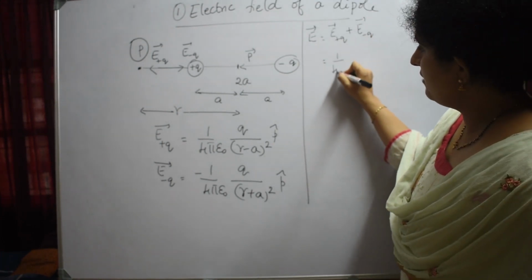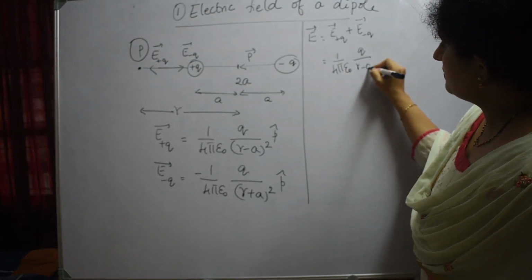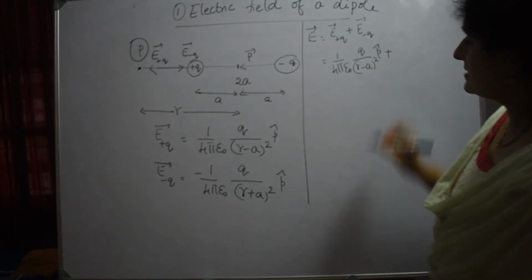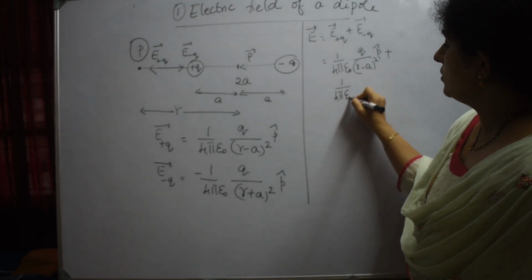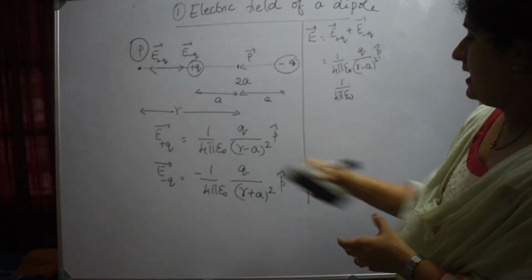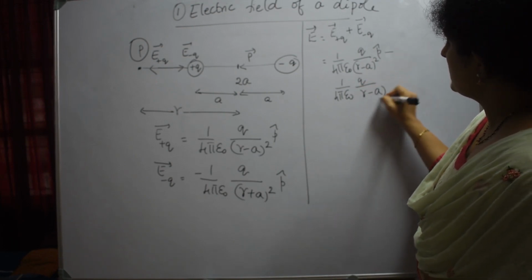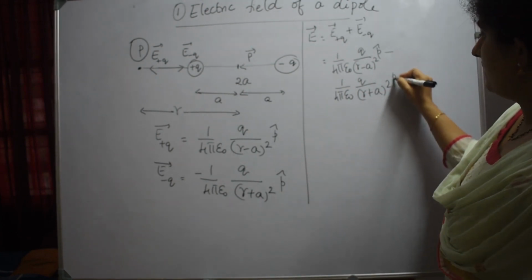So it is 1 by 4 pi epsilon naught q divided by r minus a whole square into p cap, plus 1 by 4 pi epsilon naught, sorry, minus, I will write here only, q divided by r plus a the whole square into p cap.